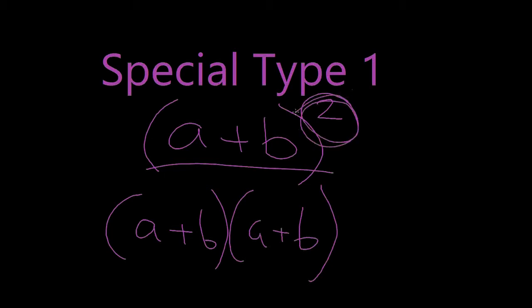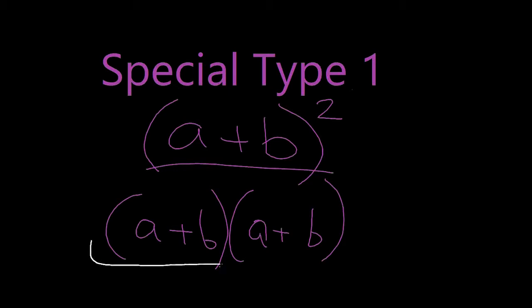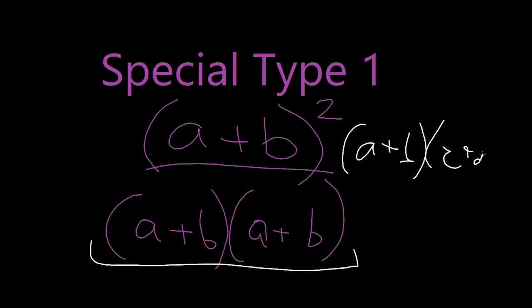That's what that to the power of 2, or squared, means. So now that we can see it's actually a short form for this, that looks a whole lot more similar to our form 2, which is A plus B and then C plus D, except instead of C plus D, we just have the same A plus B over again. So it is a binomial product.